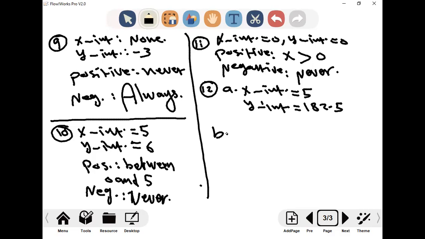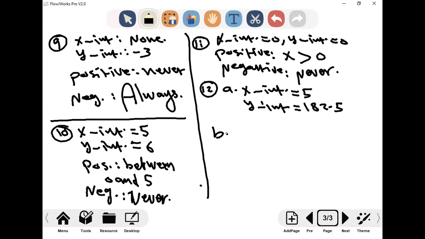Part B we will describe this. Now look at the table and understand what the table is talking about, so you can describe. The table has time and what? Meters. The x-intercept is 5, which means the height should be what? 0. And if the y-intercept is 182.5, the time will be what? 0.